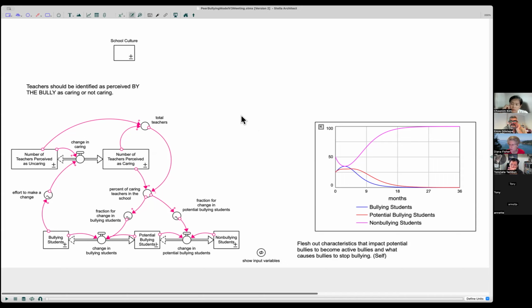Another person who is a system dynamicist said, you have enough detail here right now. You should just play with what you have, change these graphs to represent different kinds of curves, see how that makes a difference. We could change the relative starting percentage here and here in each of these.